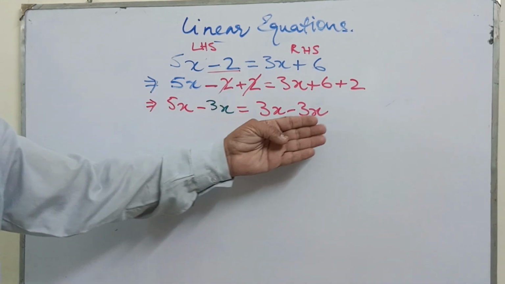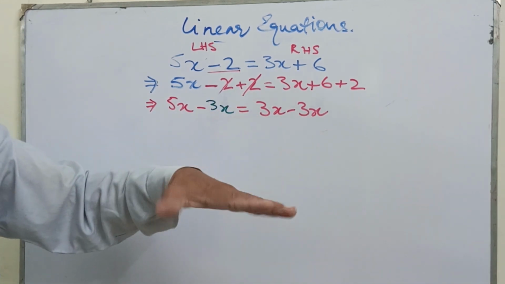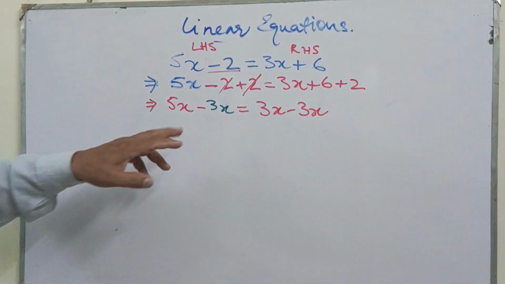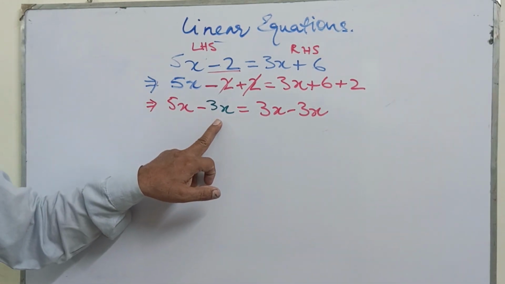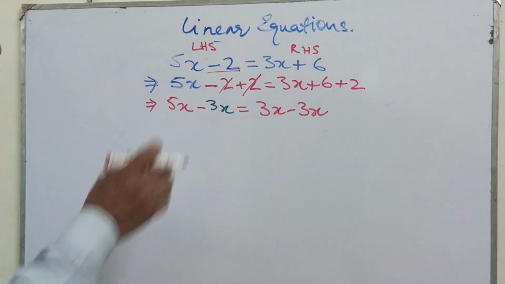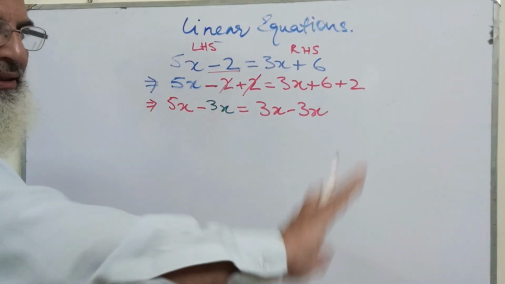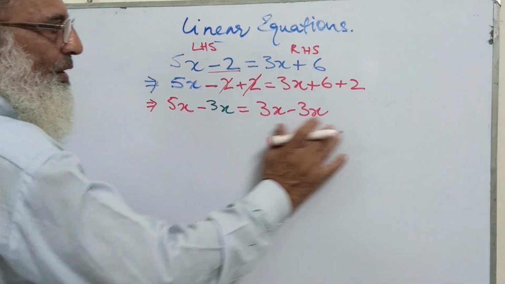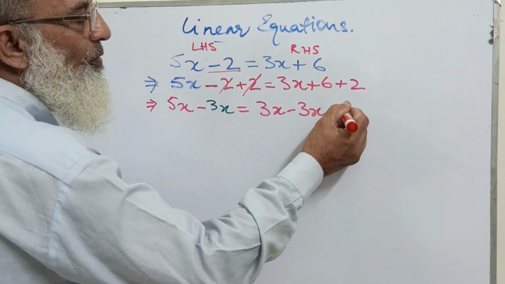When I have done this, I have unbalanced the equation, so I have to put minus 3x also on the left hand side. That's why I just did it in one line.